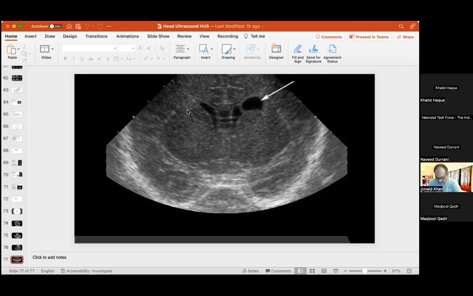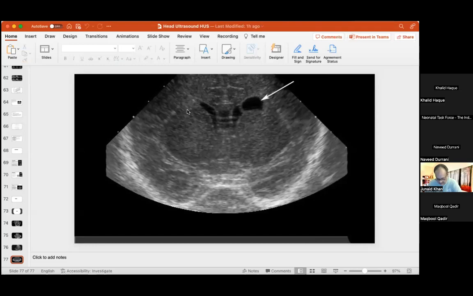It depends on the orientation of your probe, and depending on the schematic that you have shown on the right side, most of the time red is going towards the probe and blue is going away from the probe. But sometimes, especially with adults, if a machine is used, they flip these things. So red does not always suggest flow towards the probe unless the orientation is right. So that is the first comment.